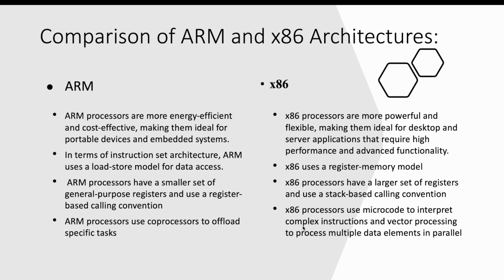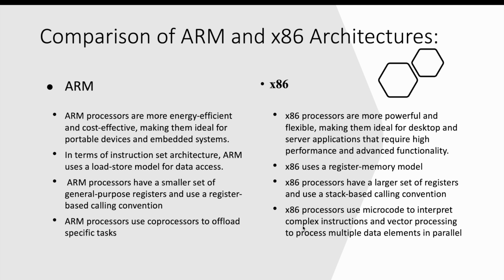And in terms of the instruction set architecture, ARM uses a load store model for data access, whereas x86 uses a register memory model. ARM processors have a smaller set of general purpose registers and use a register based calling convention, whereas x86 processors have a large set of registers and use a stack based calling convention.